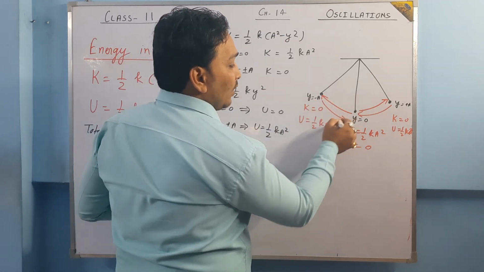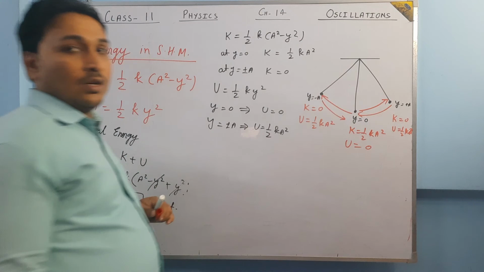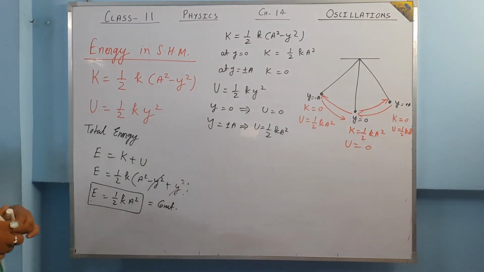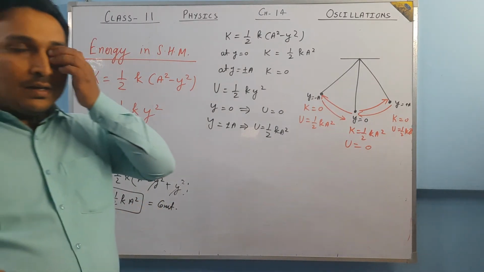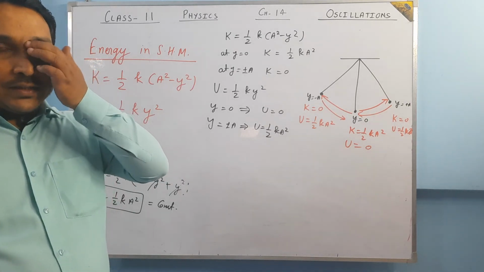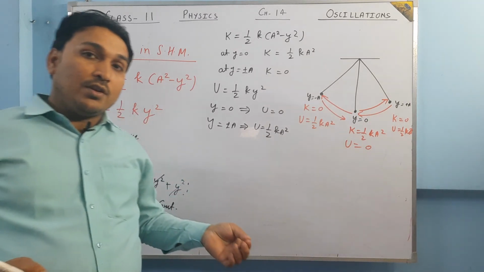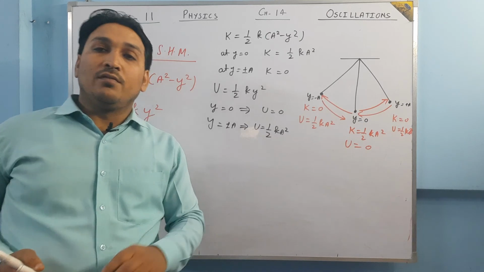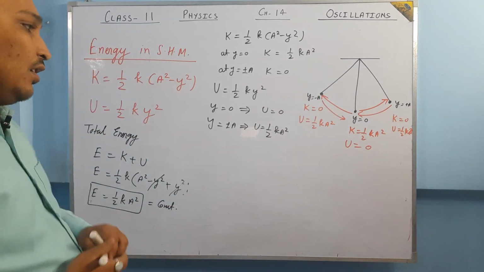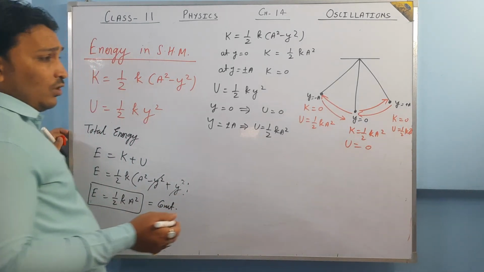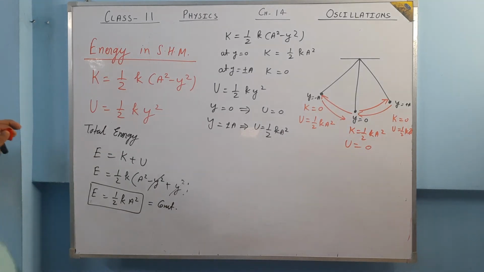Then it comes back and the same thing happens. So basically, conversion of energy is taking place. Kinetic energy is being converted into potential energy, potential energy is being converted into kinetic energy, right? And the sum of both energies is constant.